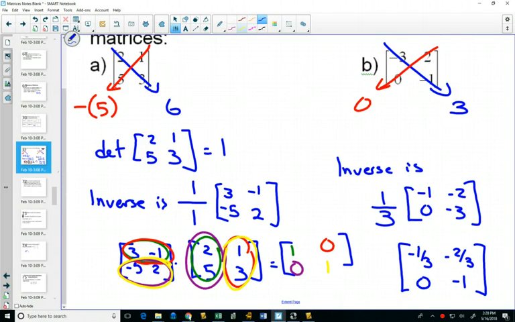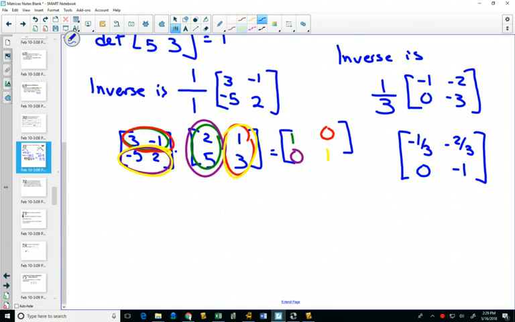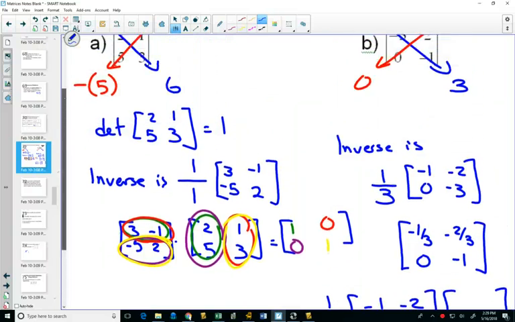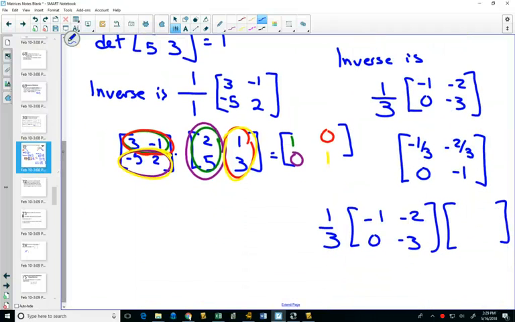But you don't care which way we play it? I like the 1/3 out in front, because then if you're doing any kind of multiplication afterwards, I could choose my inverse to be with the 1/3 out in front or like this. But if I wanted to check if my inverse was correct, my original matrix there was -3, 2, 0, 1.